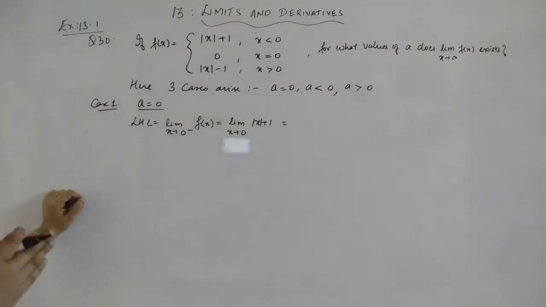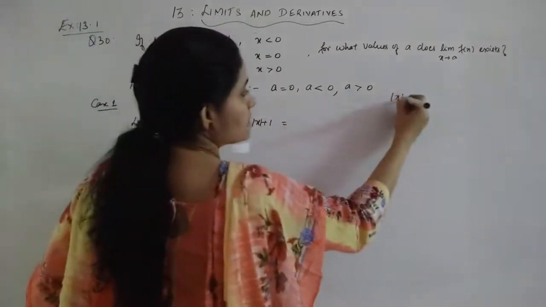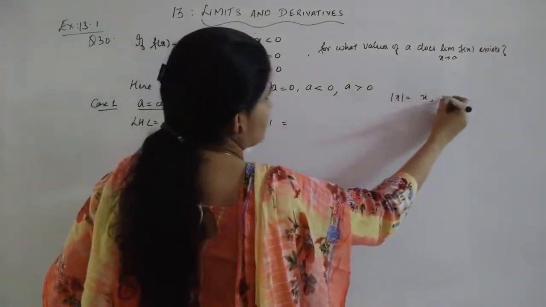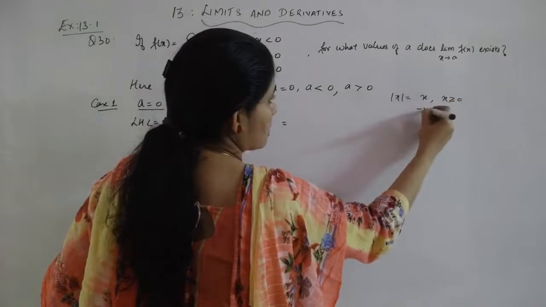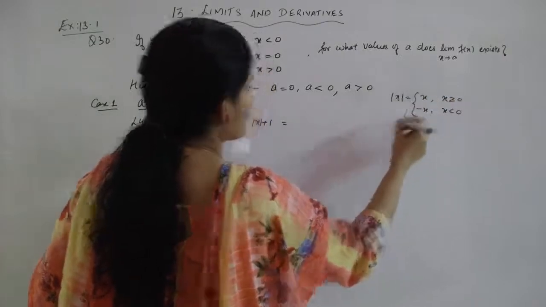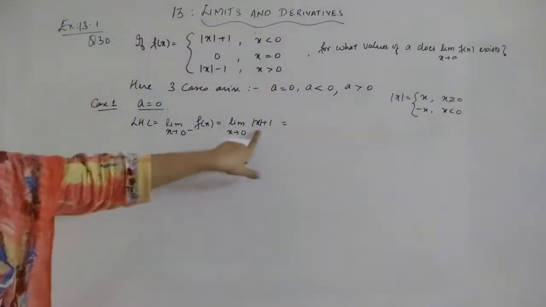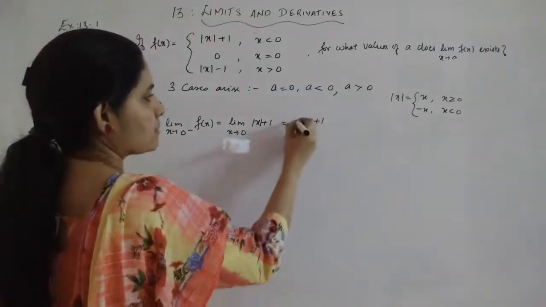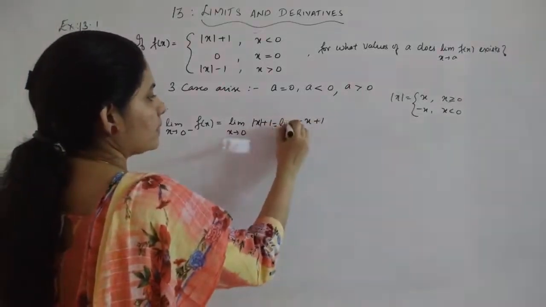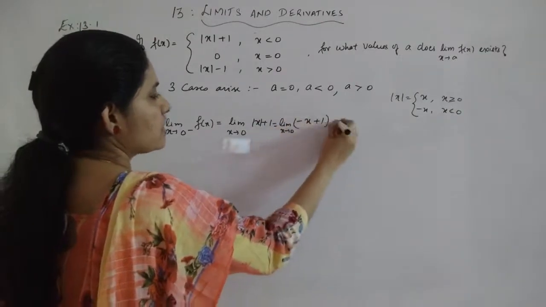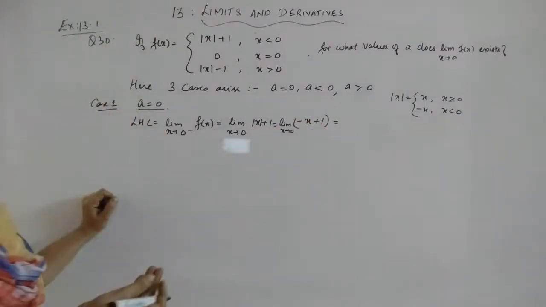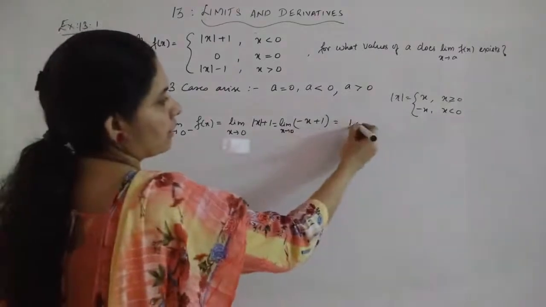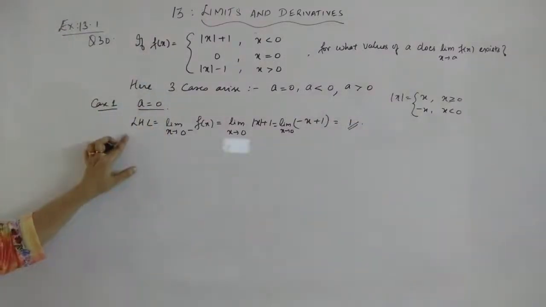Mod x is x when it is greater than or equal to 0, and minus x when it is less than 0. So here our case is less than 0. That means mod x will be replaced with minus x, so minus x plus 1 with the limit x tends to 0. Now we will replace x with 0, so that you will get 1 as the left hand limit.